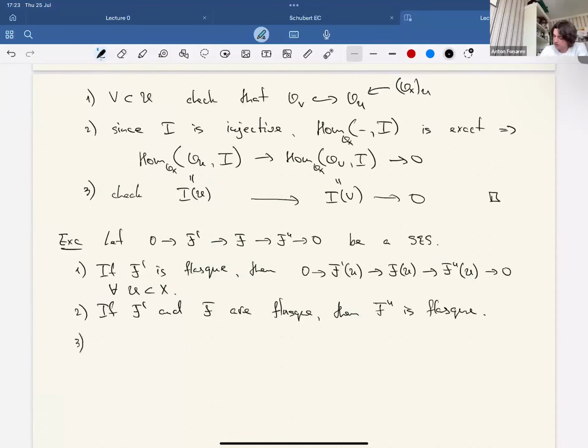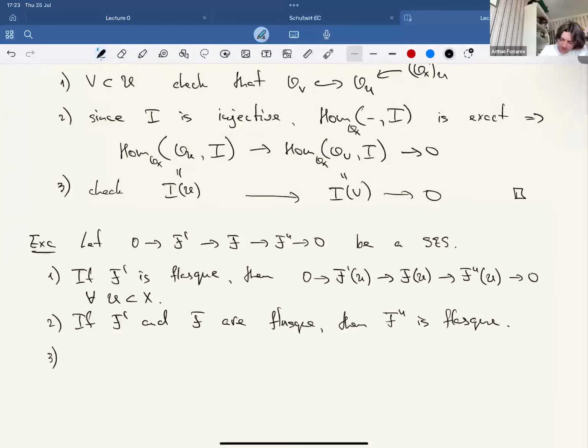And the third one: if f is a continuous map, and F is flasque on X, then the push forward of F is flasque.